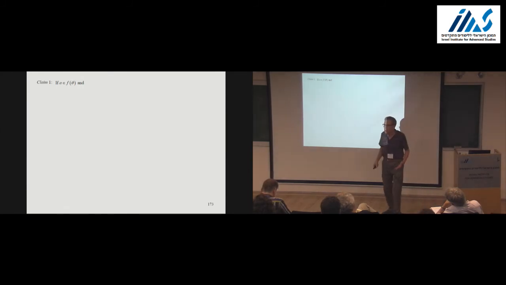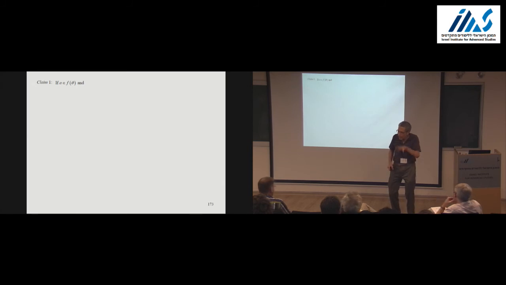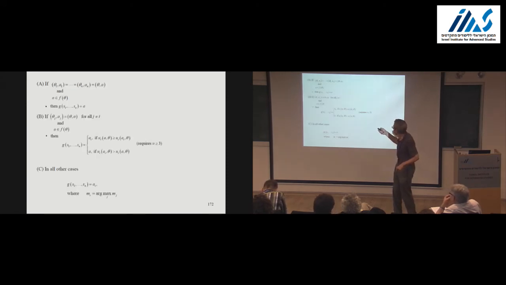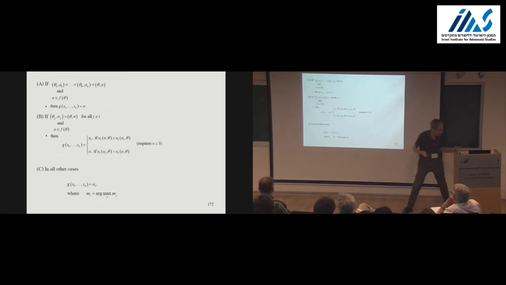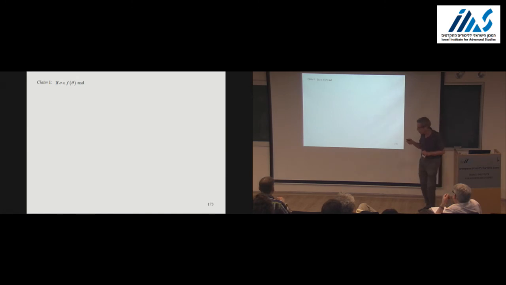First, we have to show that in state theta, for every optimal outcome A, there is a Nash equilibrium in state theta that gives us outcome A. That's the contents of this claim here.